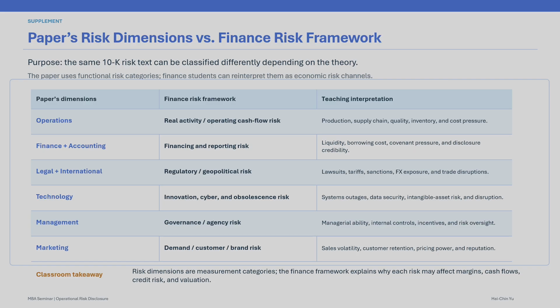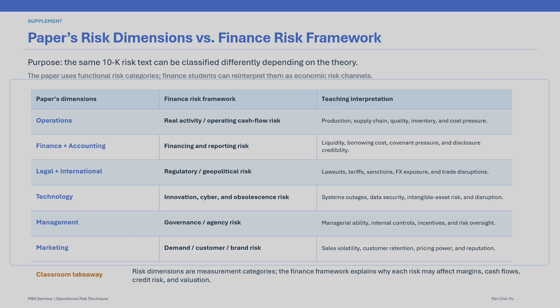Operational, supply chain, real activity, and operational cash flow risk will belong into marketing, customer, brand risk, demand, and so on. So we can count all these events or all these measurements to reflect the operational side, reflection to finance and accounting.